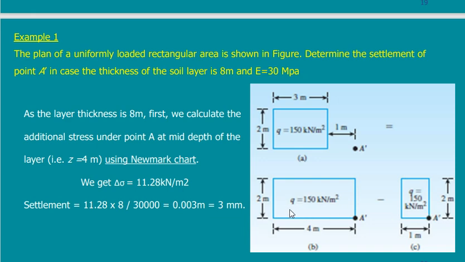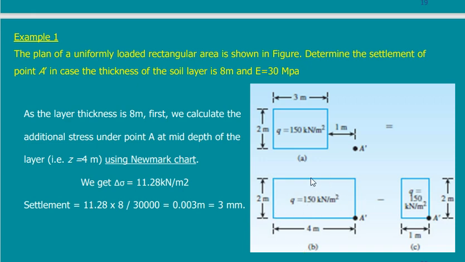So I calculate my problem twice: one from this point till point A, so it will be 3 meters plus 1, which is 4 meters, and another case which is just 1 meter from point A dash. And I use the difference between this case and this case.